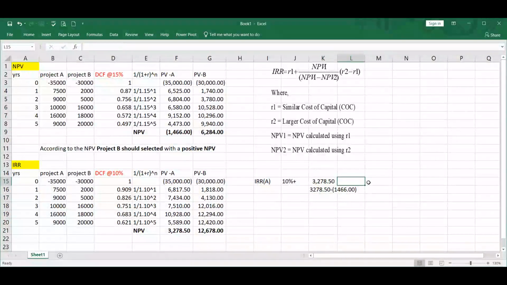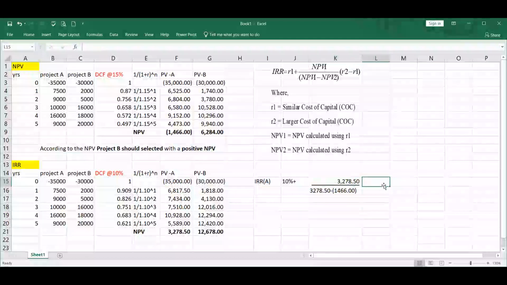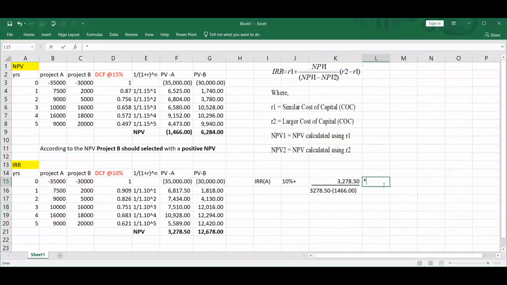Then we have to multiply it with the change of the rates. Here, 15% minus 10%.